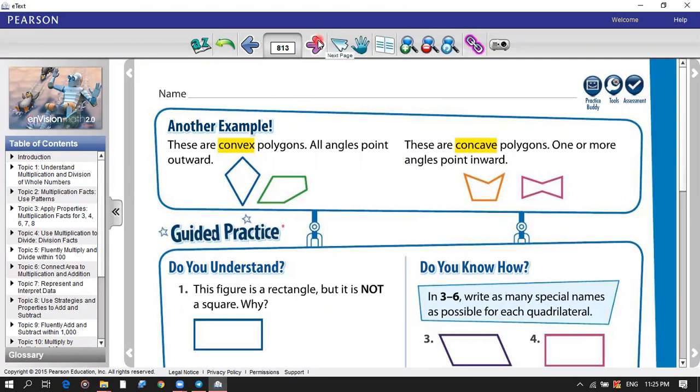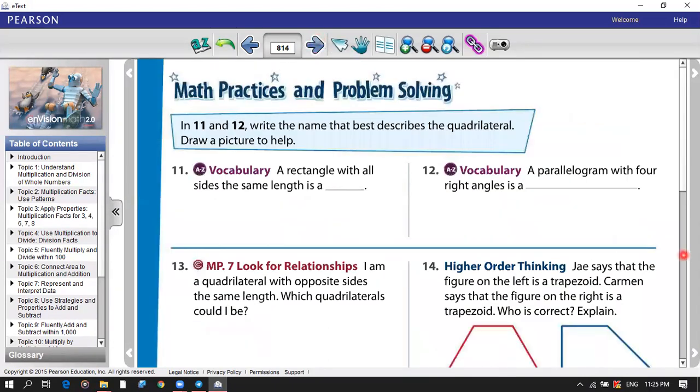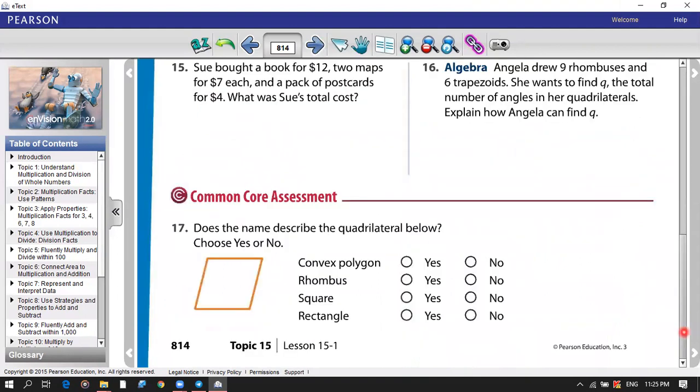Go to page 814. Question 17. Does the name describe the quadrilateral below? Choose yes or no. Convex polygon.